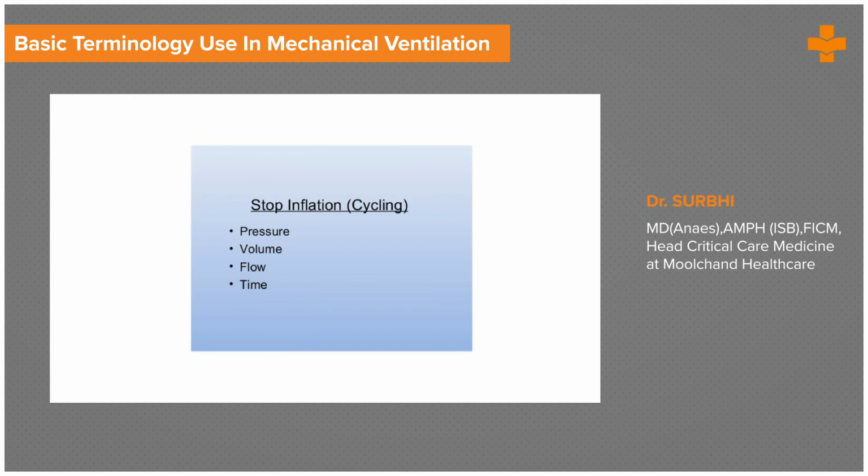Or if a particular flow is reached, that can also stop inflation. And if it is time cycle in controlled mandatory ventilation, when there is no effort on the patient's part, it can be purely time cycle, that after a particular time, the ventilator will automatically go into the expiration phase and it will stop delivering the breath.